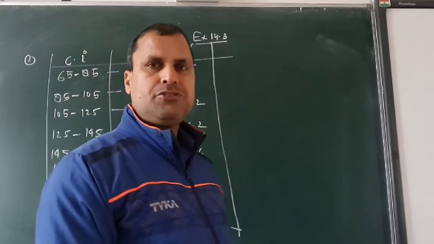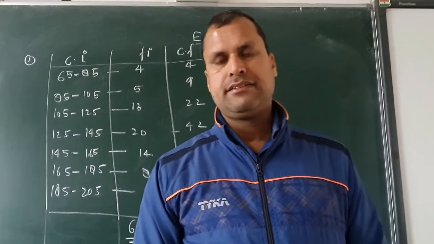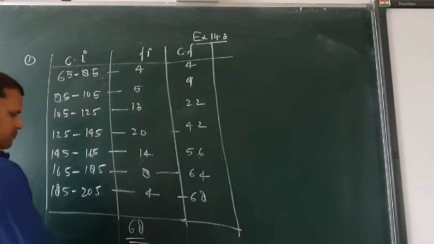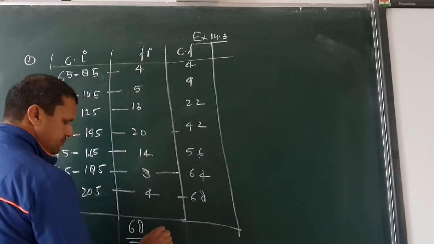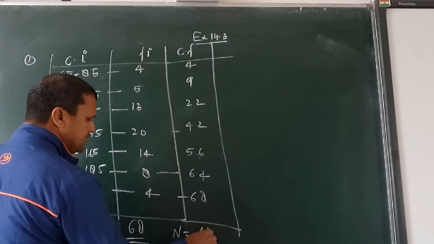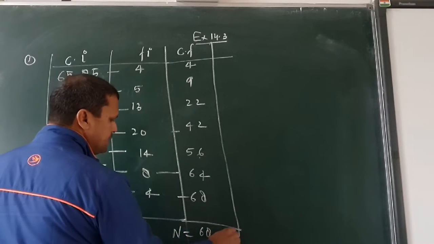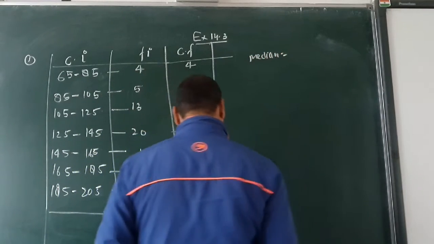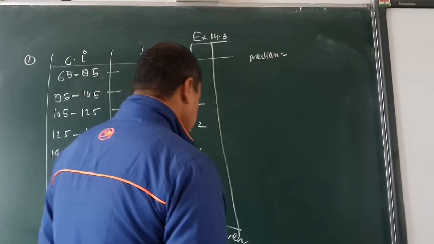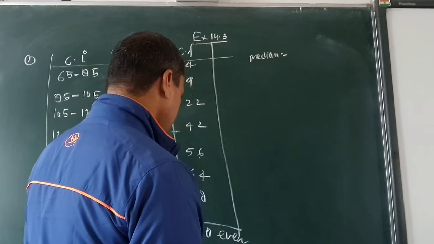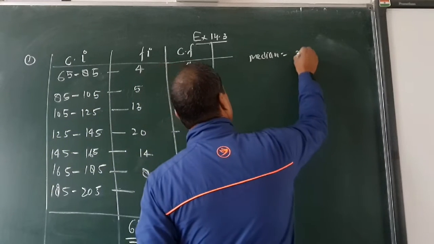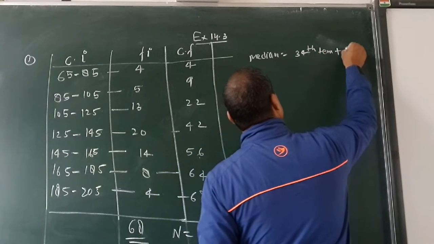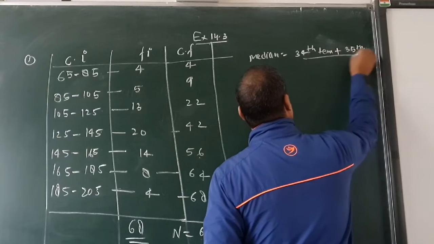After that, we need to find the median. So here n equals 68, that is even, then median equals the 34th term and 35th term upon 2.